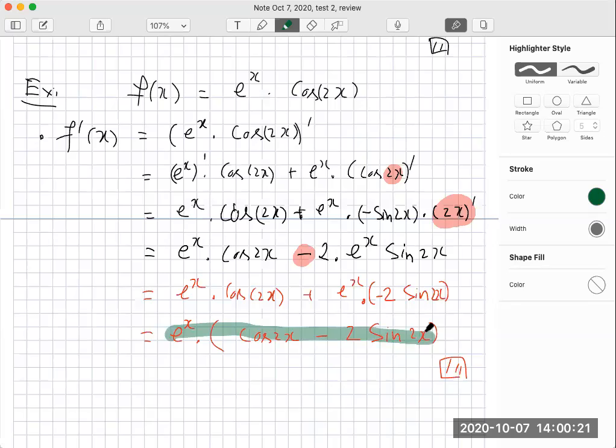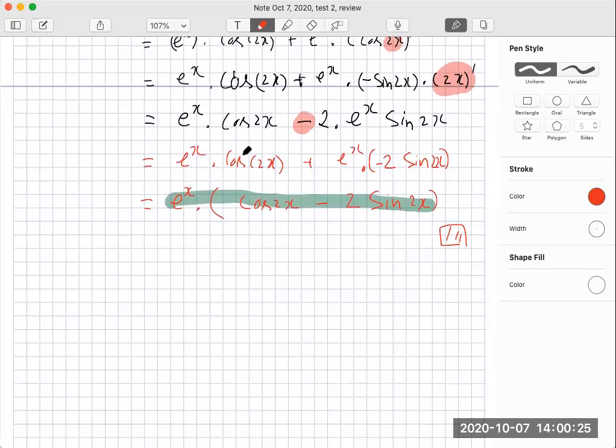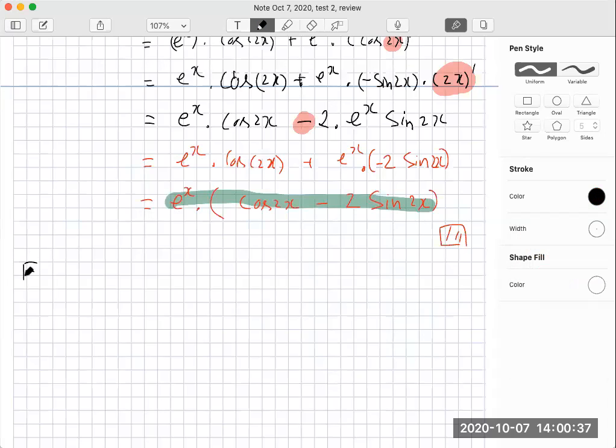So let us continue, right? I think we're good with these derivatives. Let us do implicit functions, okay? Let us compute 9x cubed plus x squared y minus x y cubed equals 6.